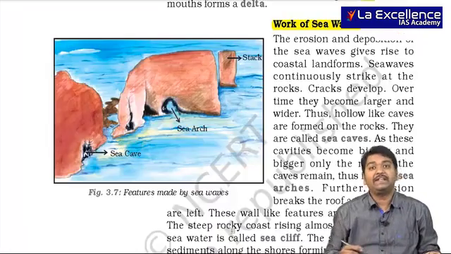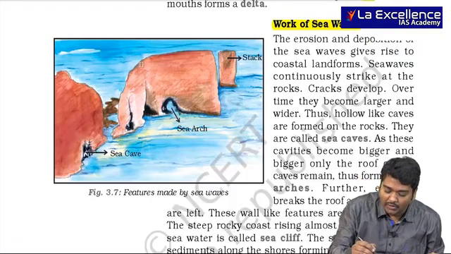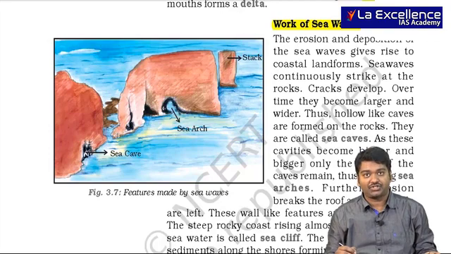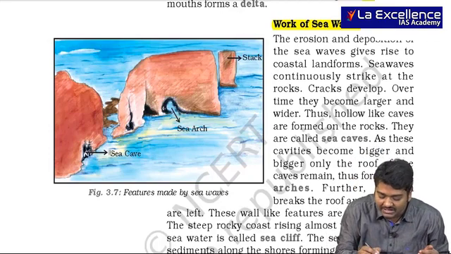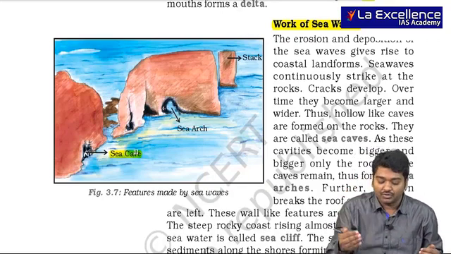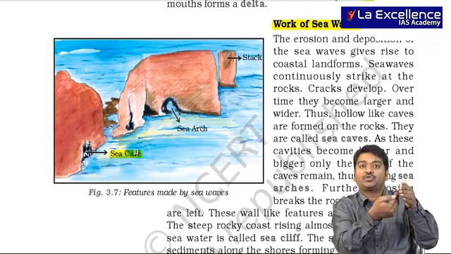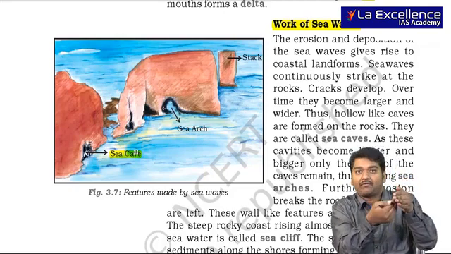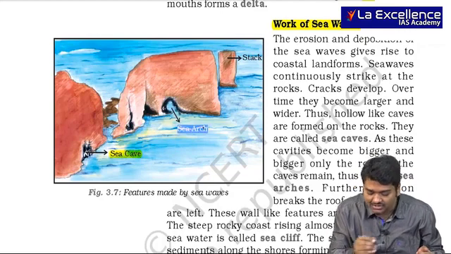Now, let me take this picture. Whenever waves come and hit these rock structures shown in the picture, initially there will be some erosion, which leads to sea caves. Later, with further erosion, initially only a small portion is eroded. We call it a cave. Over a period of time, there will be a hole. We call it a sea arch.